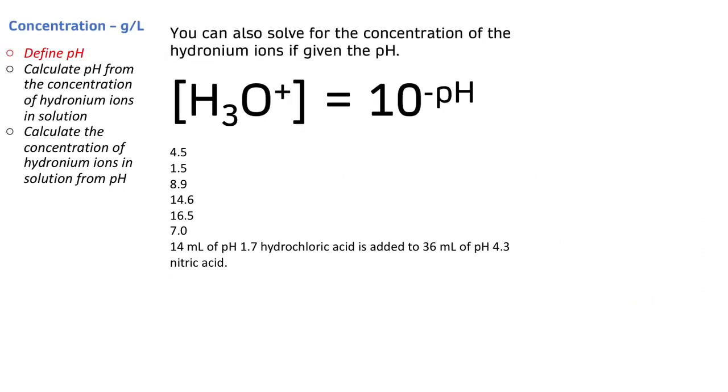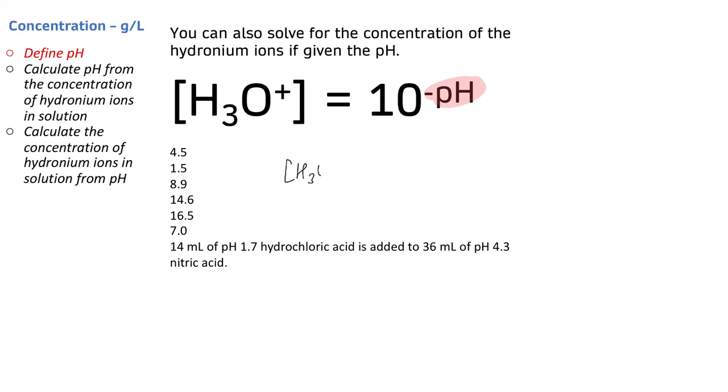Okay, now you can also solve for the concentration of hydronium ions if you're given the pH. All right, so the equation is the concentration of hydronium ions is equal to 10 to the power of negative pH. So how do we do that? Let's do this one here.